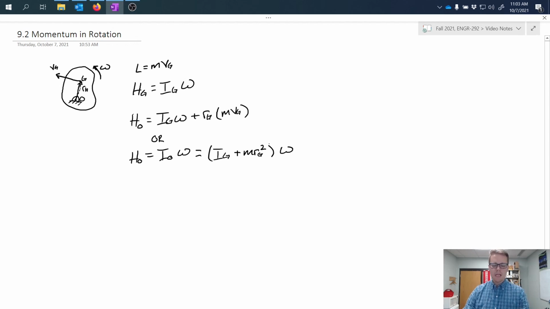What we can see is that basically this expression ends up being exactly the same as the one above if we remember that V_G equals R_G omega.